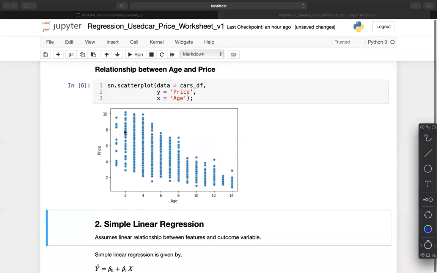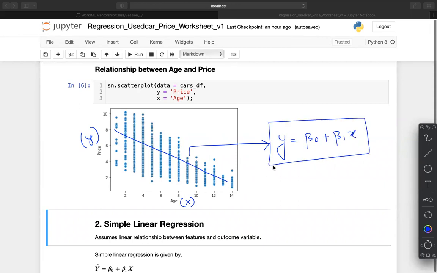So if you look at this particular line, the functional form of this line, if you call this, let's say, x, and we call this y, right? The functional form of this line would be y equal to beta 0 plus beta 1 x.